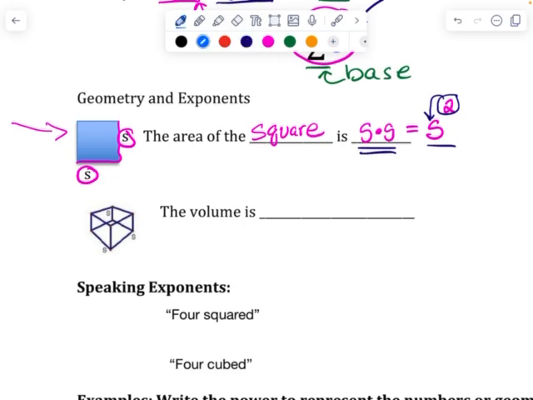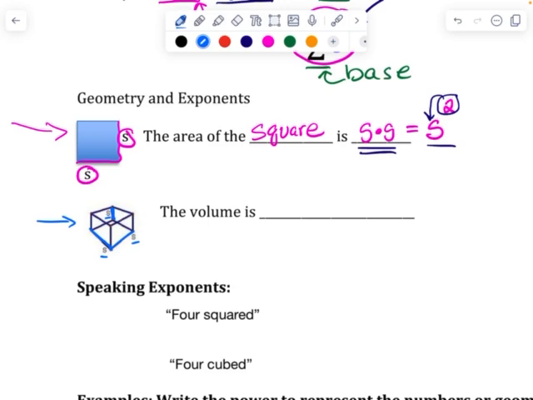Now the volume of this cube, we'll see it's a cube because we have a side length of S, another side length of S, and then we have a height of S. So this is a cube. It's a 3-dimensional figure.